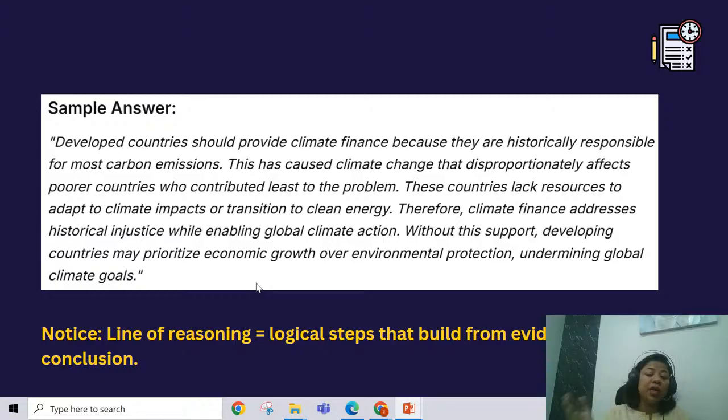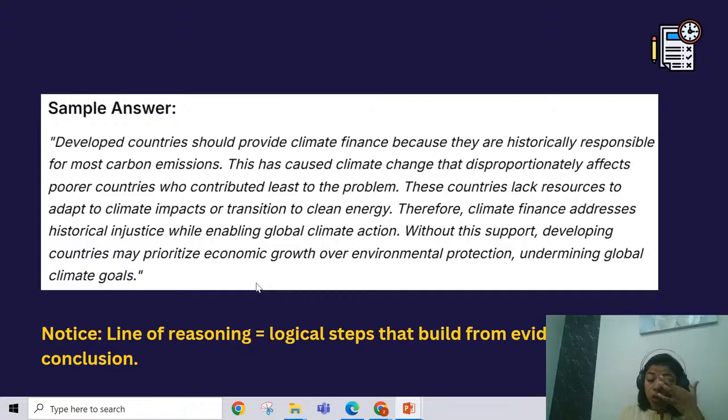Therefore, climate finance addresses historical injustice while enabling global climate action. Without this support, developing countries may prioritize economic growth over environmental protection, undermining global climate goals.